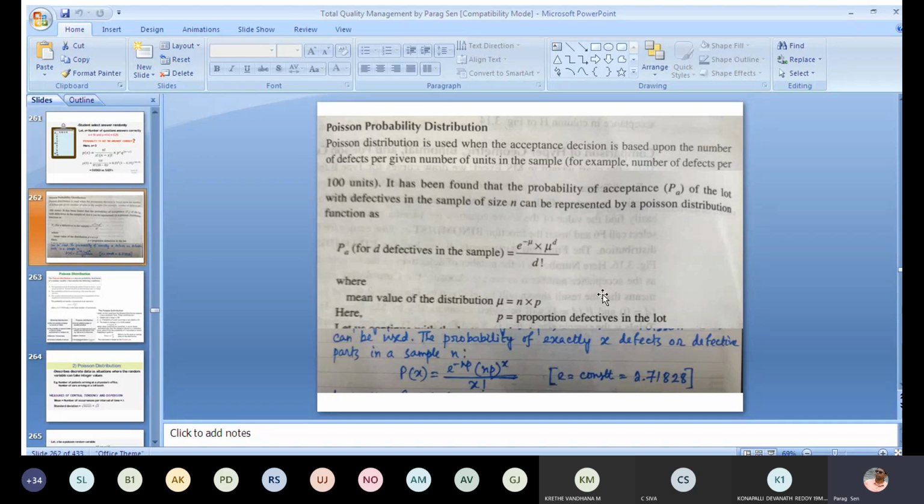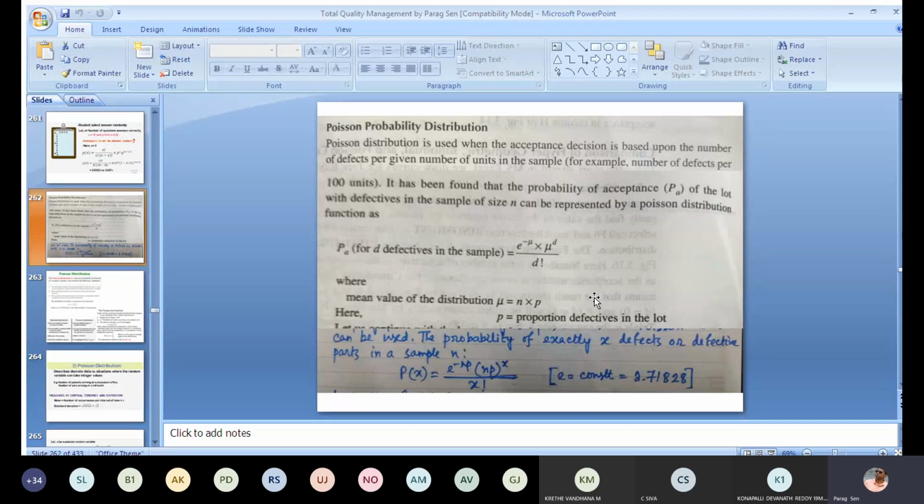So for all different proportion defectives, you can plot the data in Excel, like for 0.01 proportion defective, what value I will get, for 0.02, for 0.03, for 0.04. Simultaneously, apart from the proportion defective, you can also change the sample size n, and you can also change the value of your acceptance number.